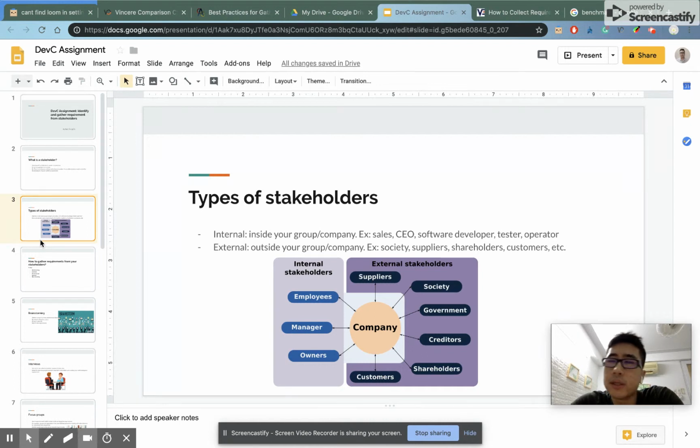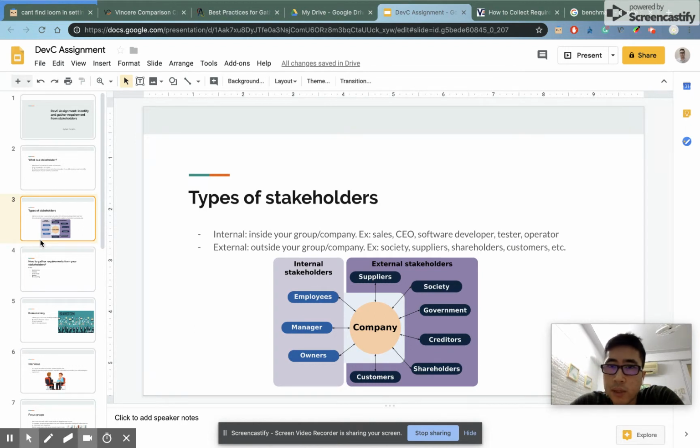The internal stakeholders can be many roles, just to make sure that it is within your company. It can be sales, marketing, developer, tester, your CEO, your director, anyone. For the external stakeholders, there are so many of them.